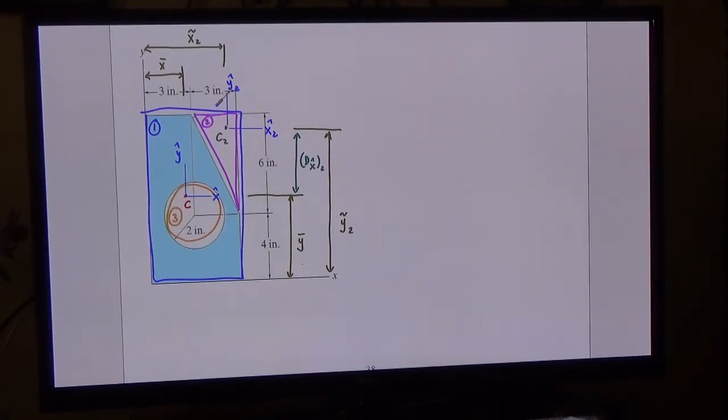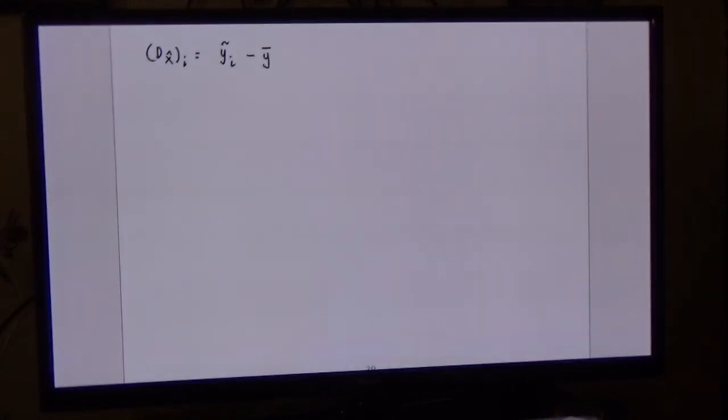What's the difference between y2 hat and y hat? Well, it's just going to be x2 tilde minus x bar. In other words, this is our dy hat here for part number 2. And if we generalize it for each of the parts, we can say dy hat for the part is x tilde minus x bar.